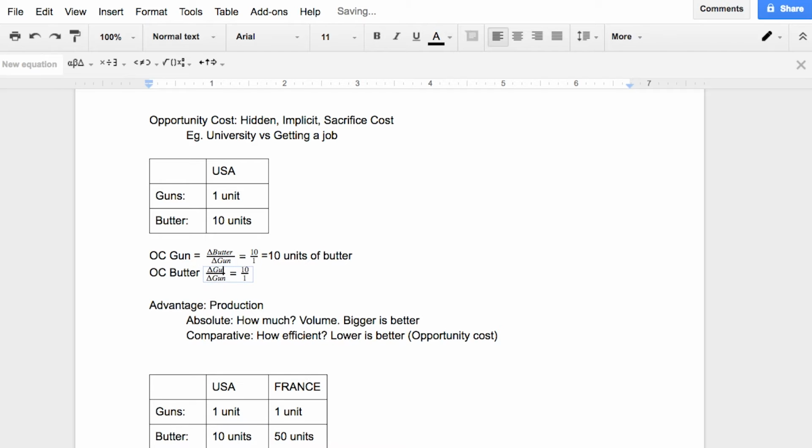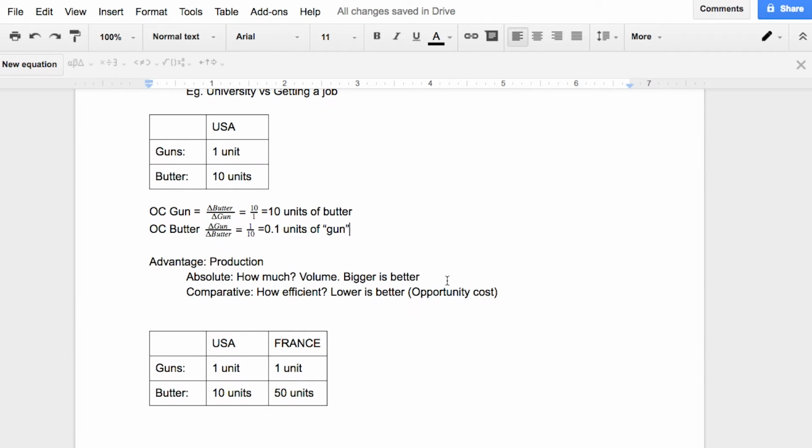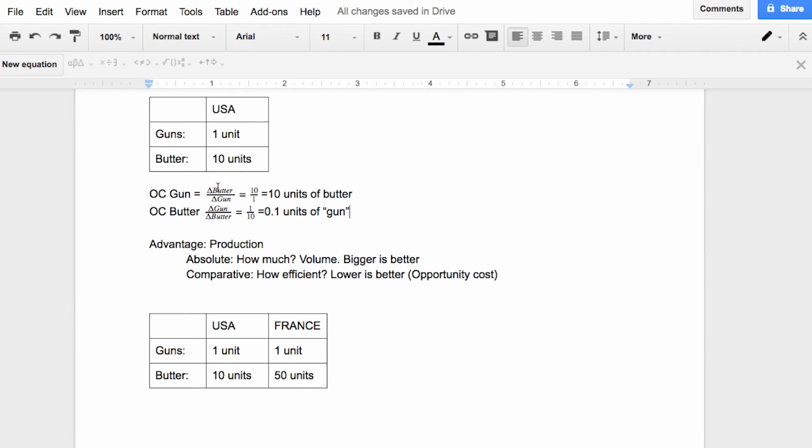Because we want the opposite. So guns now go in the numerator, and because we're looking for the opportunity cost of butter, butter goes in the denominator. What you're looking for is always in the denominator. Flip the numbers. And would you look at that? 0.1 units of gun, right? So really quickly, after finding just one, you can find the opportunity cost of the other good by taking the reciprocal.